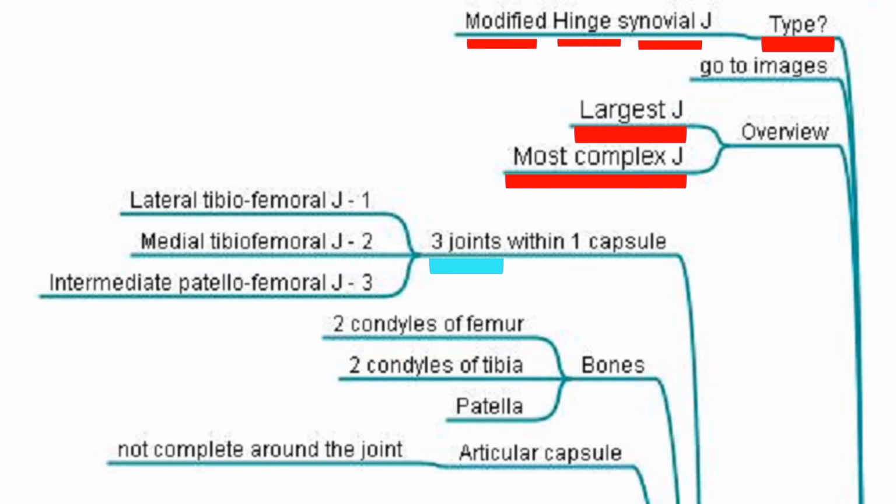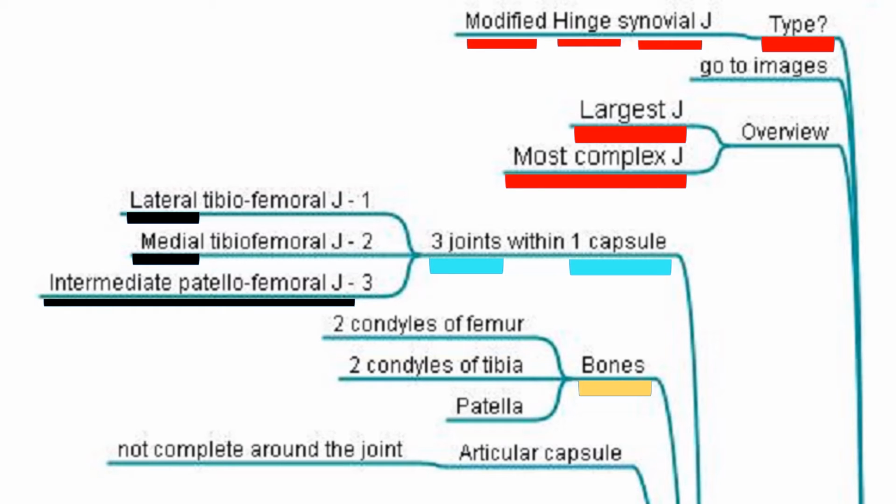Now, the knee joint is in fact made of 3 joints, and all these 3 joints are within one capsule. And these joints are the lateral tibiofemoral joint and the medial tibiofemoral joint and a joint between the femur and patella.